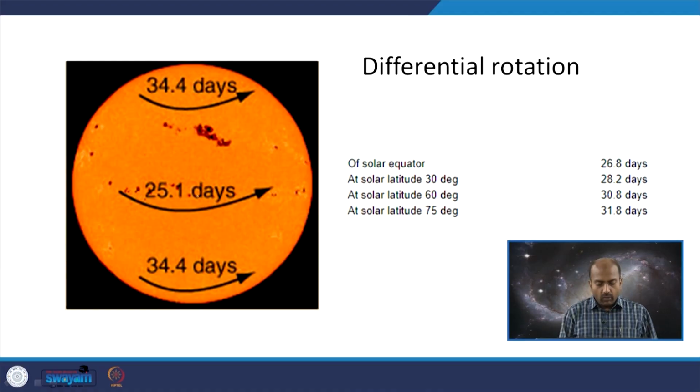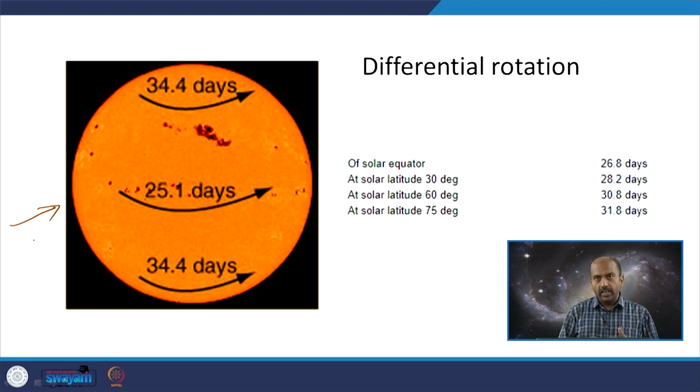This is the angular velocity of the Earth, and in 24 hours the angular distance covered is 2 pi radians, right? For the sun, it is not the same. At the equator, the sun takes nearly 25.1 days to revolve around itself, and at the poles it takes longer, nearly 34.4 days.